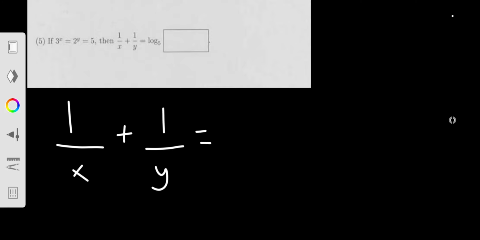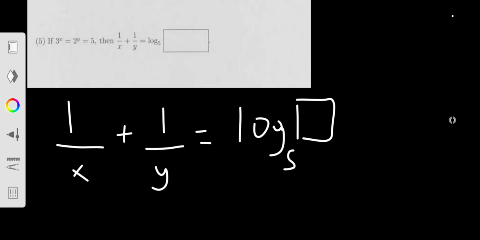So he's telling you that 3 to the x power is equal to 2 to the epsilon power, and both of them are equal to 5. So this is information, it's not the question. So the question is 1 divided by x plus 1 divided by epsilon is equal to log of something that he wants in the base of 5.